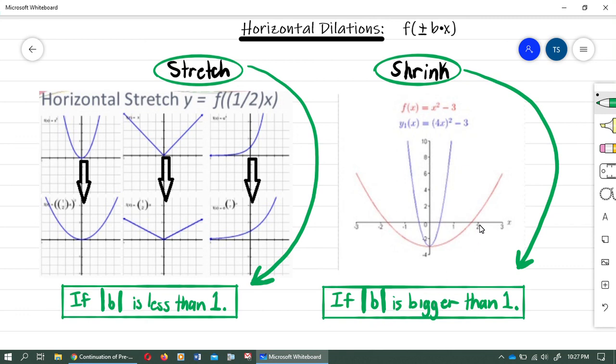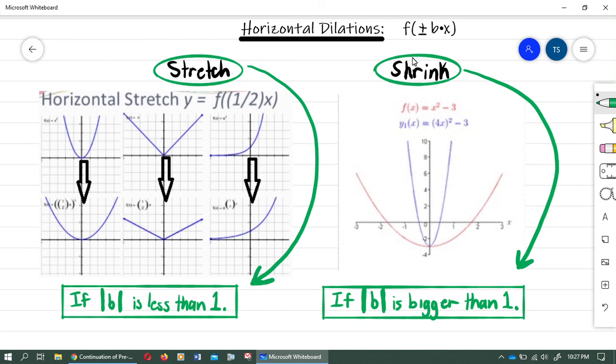But for your lesson tomorrow, we will go over more examples where you're actually seeing equations using those parent functions and the function notation.